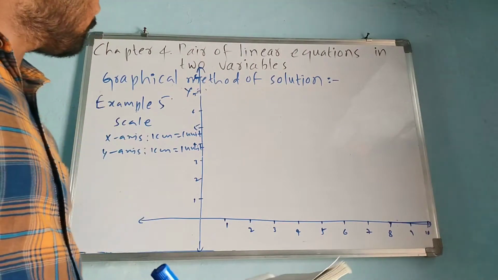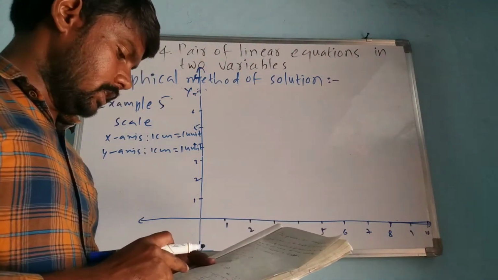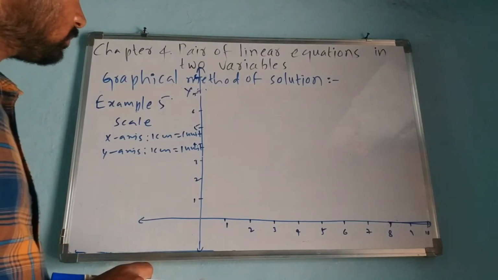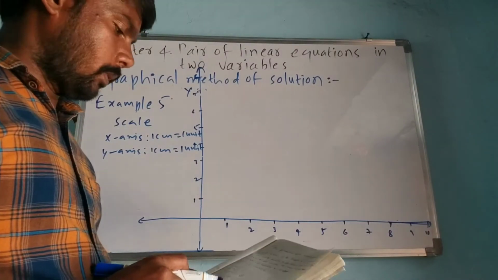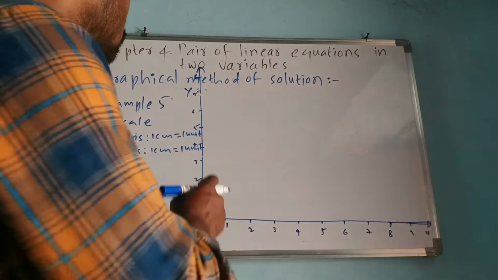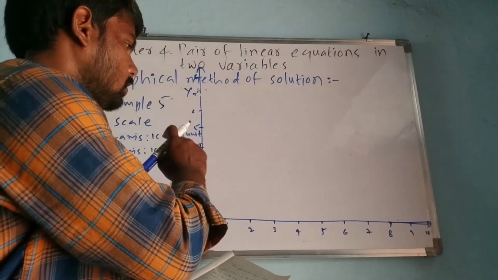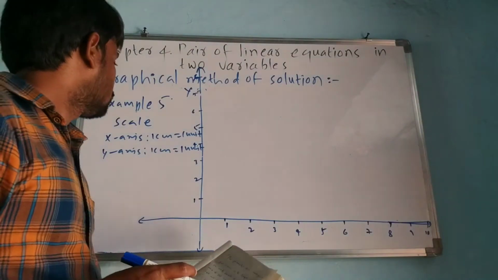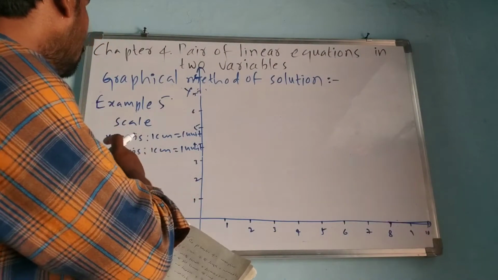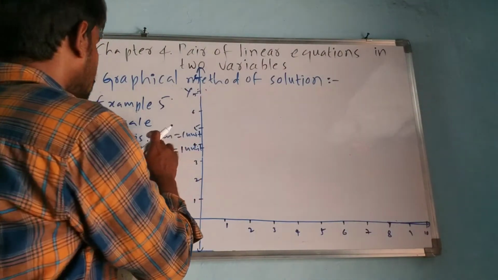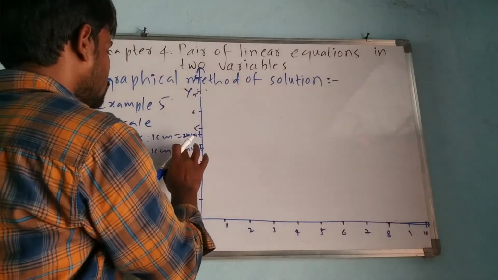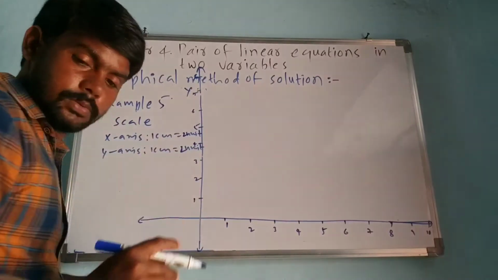So let us plot the points for the first equation. The first equation is 6 comma 10. So sorry, this space is not sufficient. So now let us take the scale. On the x-axis 1 centimeter is 2 units. Y-axis 1 centimeter is 2 units.